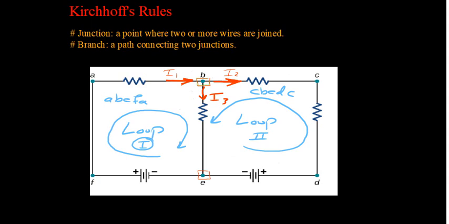I chose these 2 loops because they will be covering current 1 and current 3 in loop 1. For loop 2, they will be covering current 2 and current 3 again. So I made sure that my loops go through all the branches, and I haven't missed any branch of the circuit. I hope that's clear. In the examples, you will see how important it is to do that.